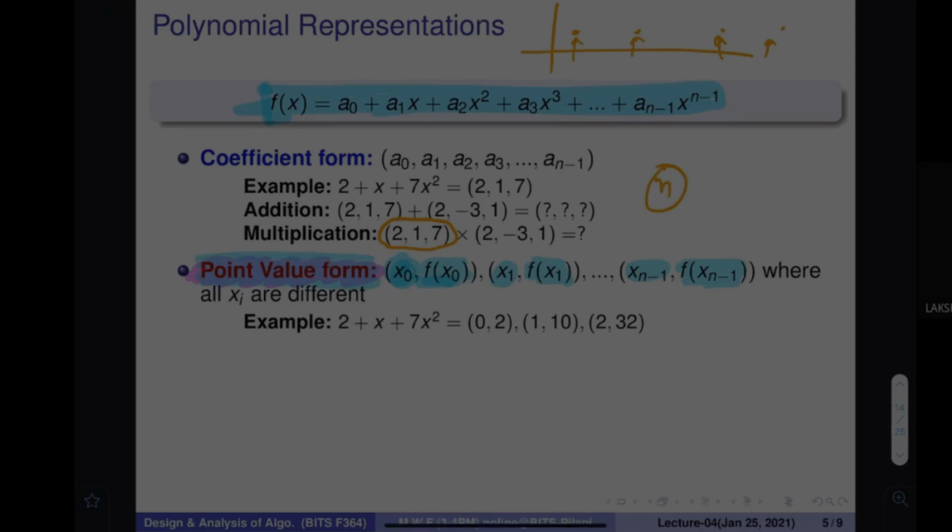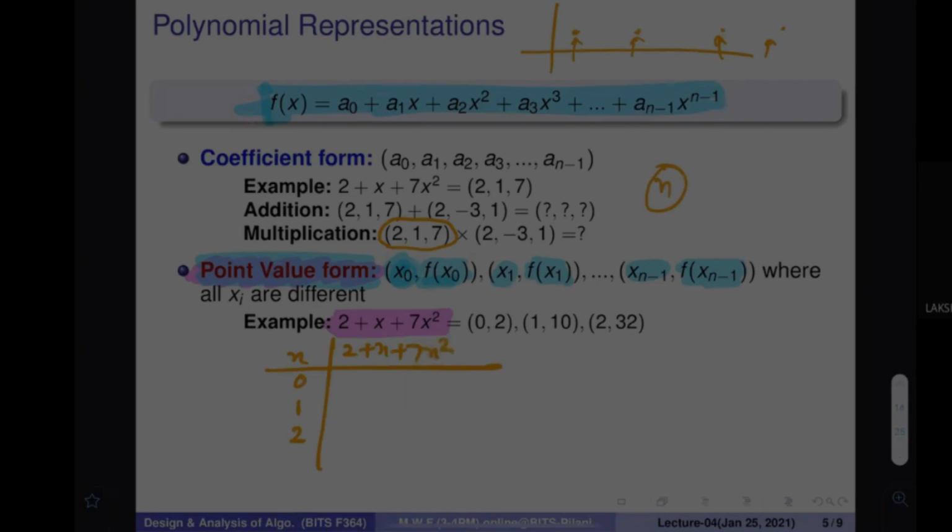If you want to find the point value form for this particular polynomial, you pick any values. For example, I pick 0, 1, and 2, and I want to find the value of 2x plus 7x square.